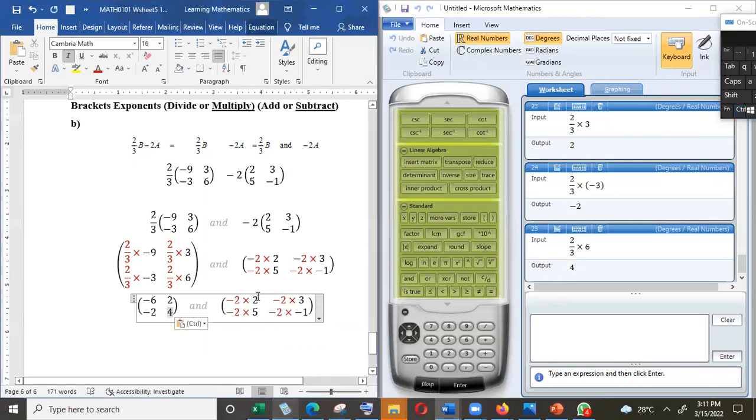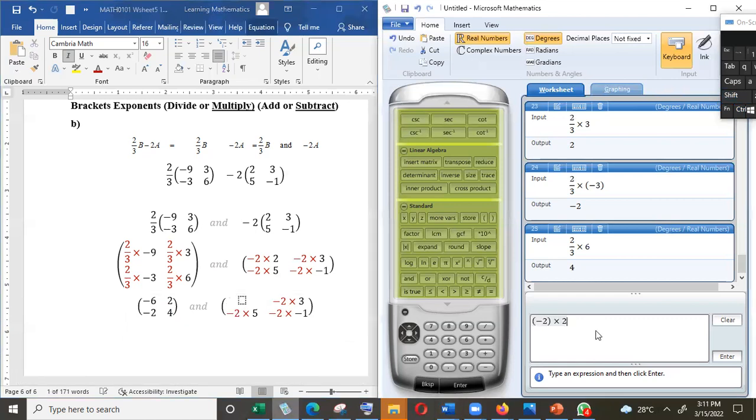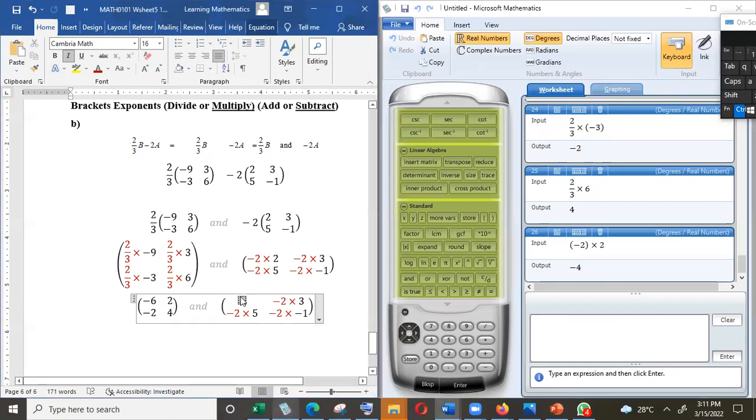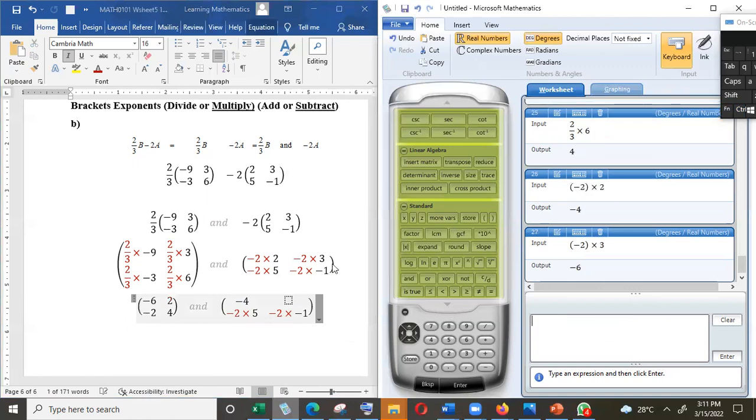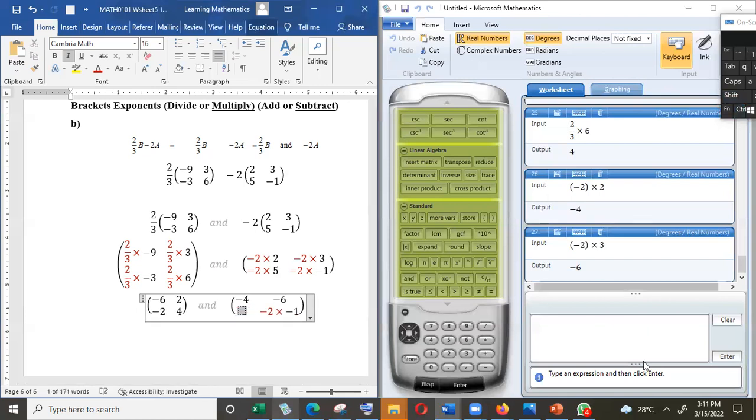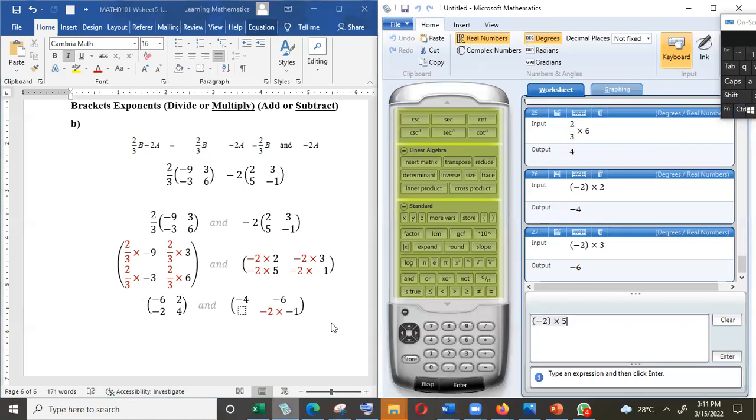And now here we are multiplying by -2 to A. -2 times 2 is -4. -2 times 3 is -6. -2 by 5 is -10.